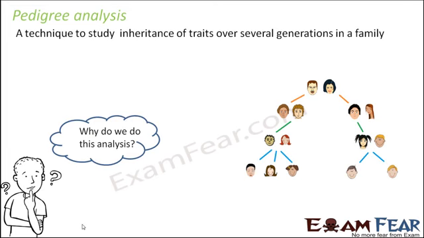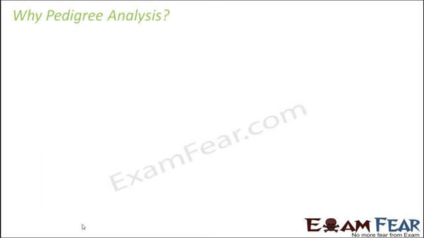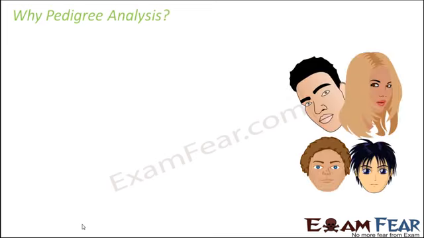Now the question is, why do we do this analysis? Why is it so important to have a technique just to study the inheritance of traits over generations? We can just try to do it in a manual way. So let us try to understand why pedigree analysis is required.